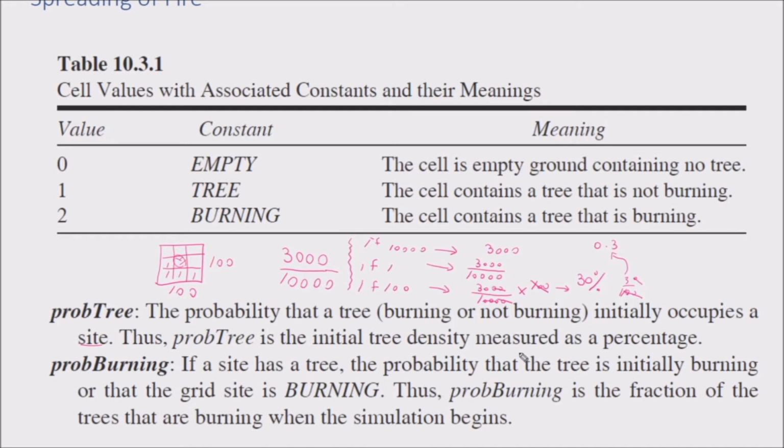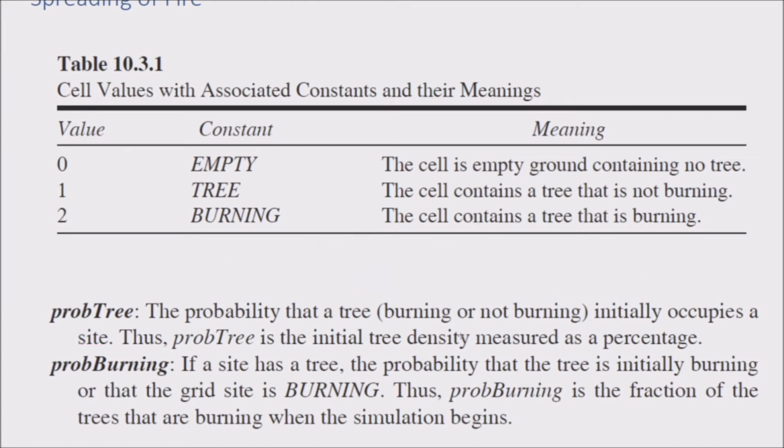How do you come up with these values? Well, the probability of burning has to be man-made or collected from statistics. Are there burnable trees or not, you have to consider that. Right, so let's move to the next step.